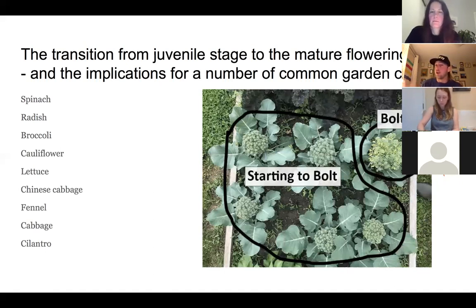If you don't check on your basil for a couple days and you see it's starting to bolt, then yeah, you can totally pinch it and stifle that generative trend, and prolong that vegetative state.